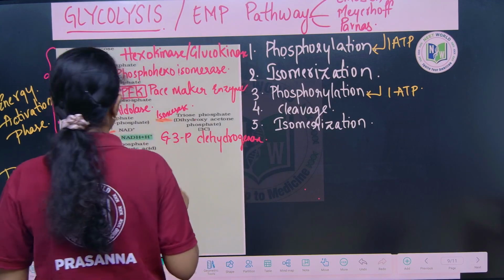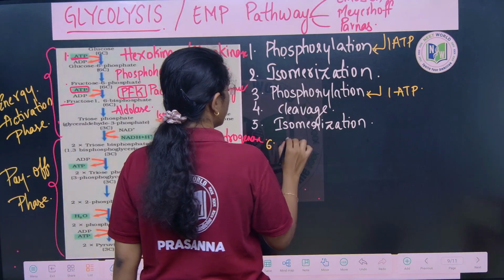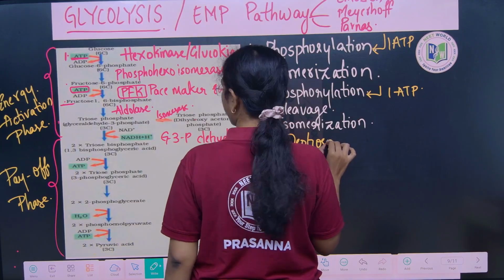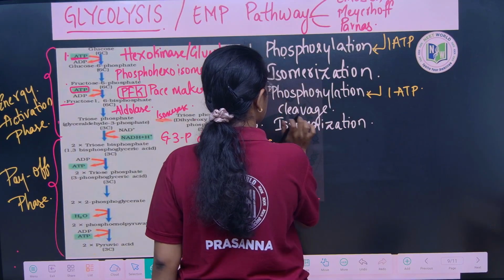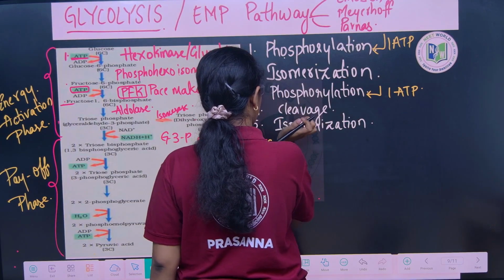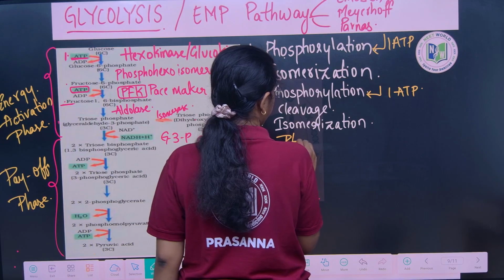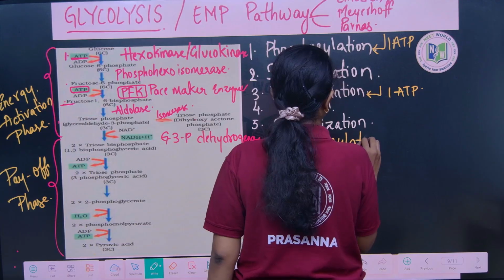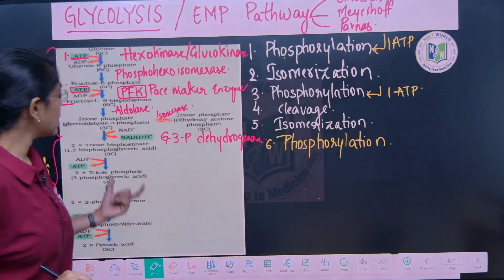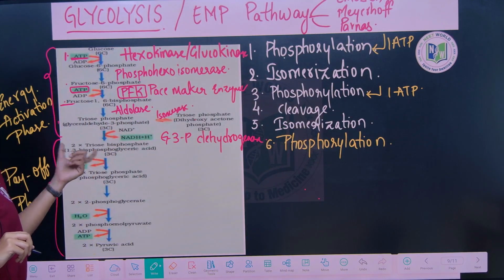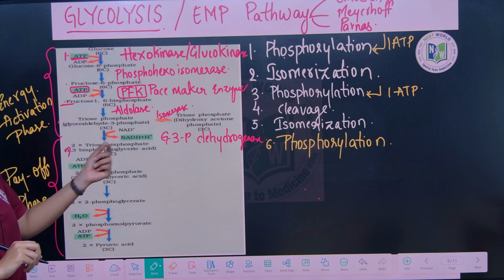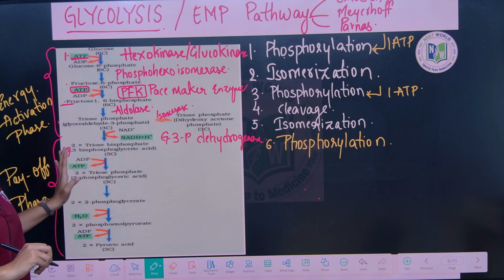And this step is again a phosphorylation step, I will tell you. Phosphorylation. So here in glyceraldehyde 3-phosphate, at the first carbon one more phosphate group is added. So this is 1,3-bisphosphoglyceric acid.